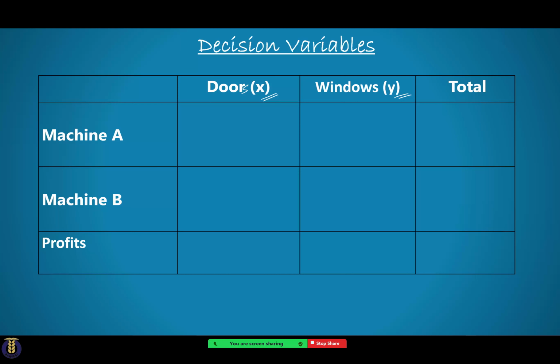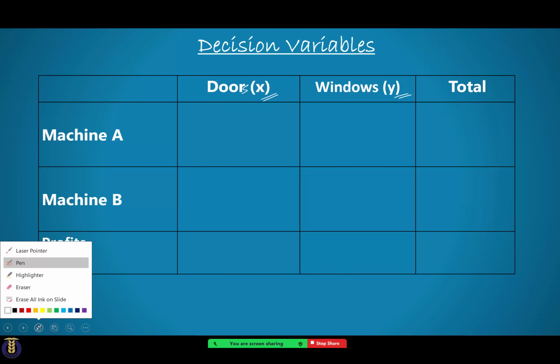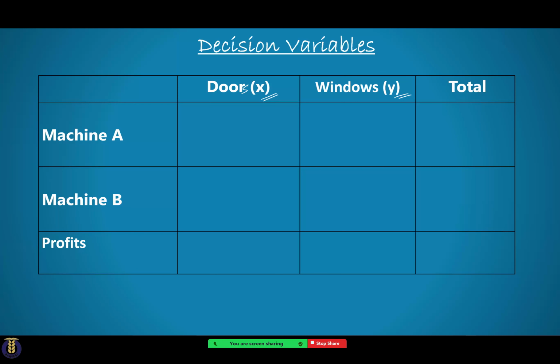If a door is represented by X and a window by Y, we are told that on machine A the door needs 10 hours and the window needs 30 hours, with a total of 90 hours available. On machine B, a door needs 20 hours, whereas a window needs about 10 hours.